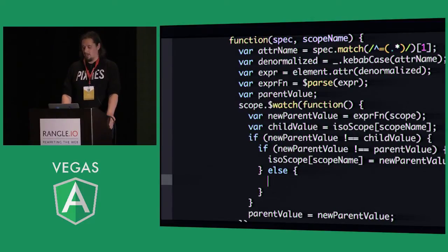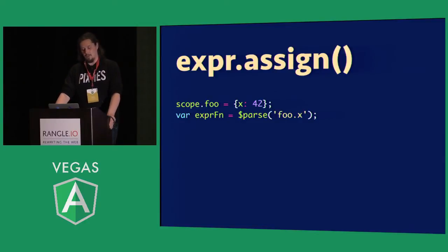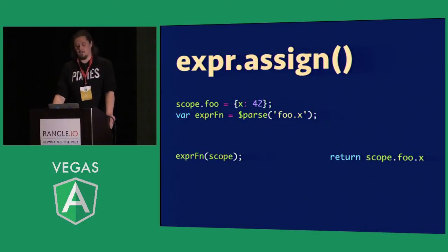And for that, we have a trick that Angular provides to us through that expression function that we got from $parse. Because Angular expression functions have this method on them called assign. And that's a method that evaluates the expression in a special way. So if you have an expression like foo.x, when you parse it, you get an expression function. And when you evaluate that function, you get what you expect, like the equivalent of saying return scope.foo.x.